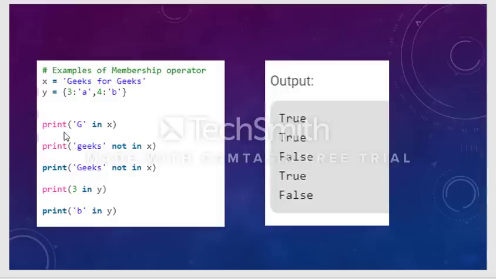Suppose I write the statement print G in x, that means capital G is present in the variable x or not. Variable x contains the string geeks for geeks. So when I check whether the alphabet G is available in it, obviously it is there, so you will get the answer True.